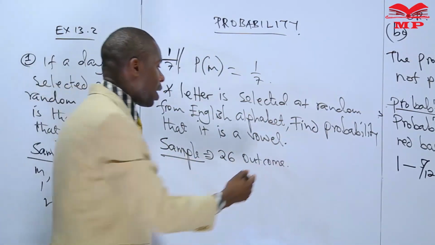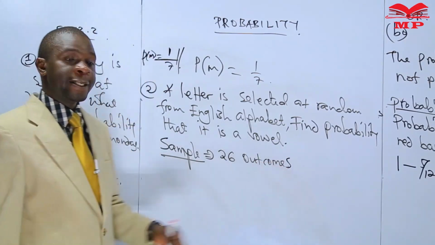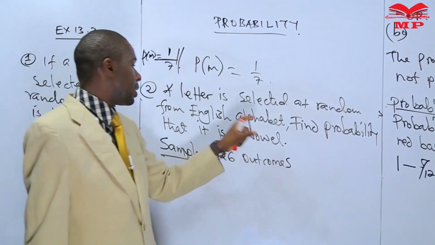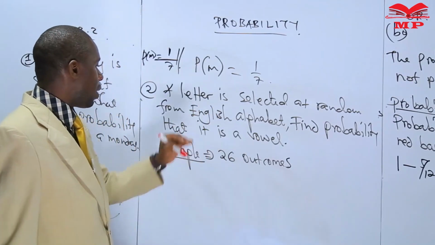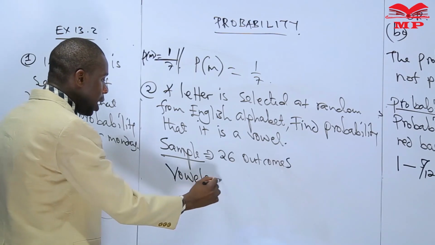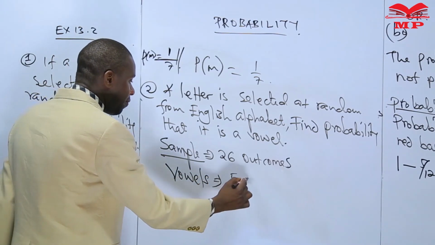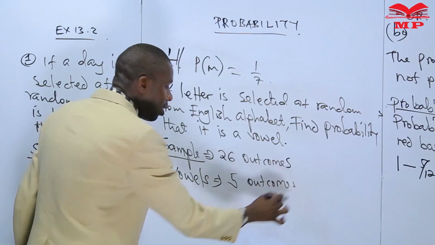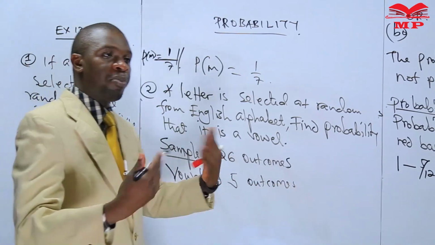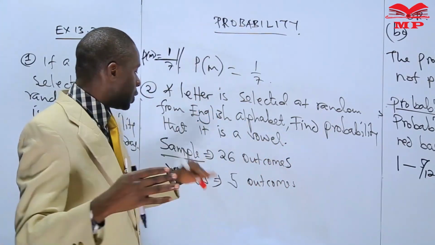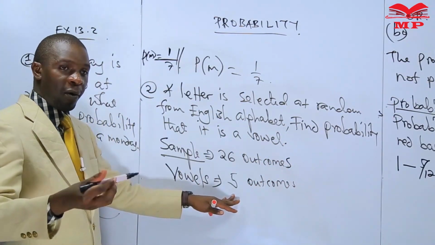But how many letters represent vowels? Vowels are actually five outcomes. If you remember your pre-primary, you can see A, E, I, O, U. So there are 5 vowels.